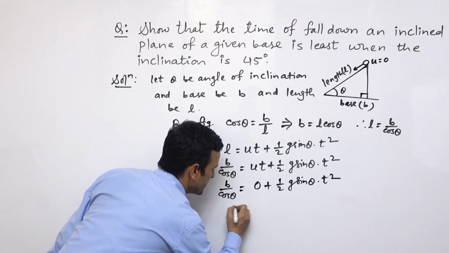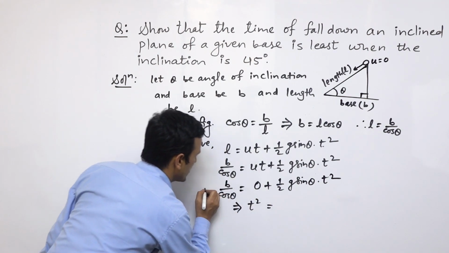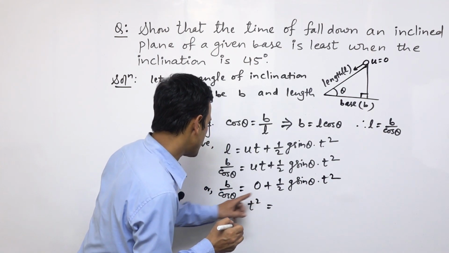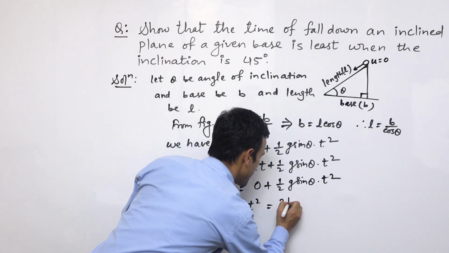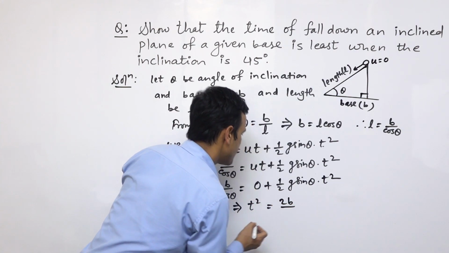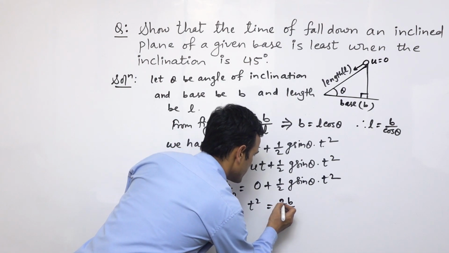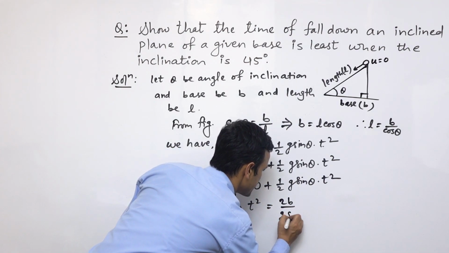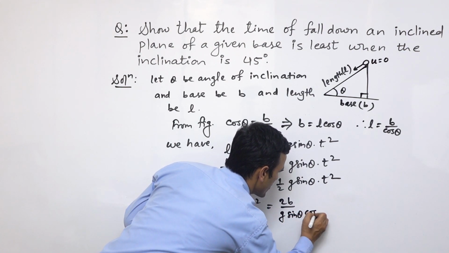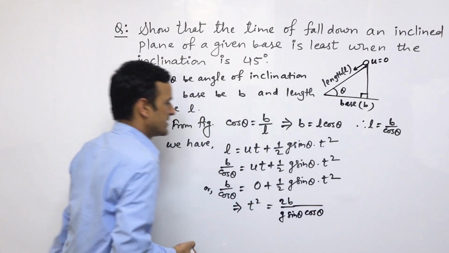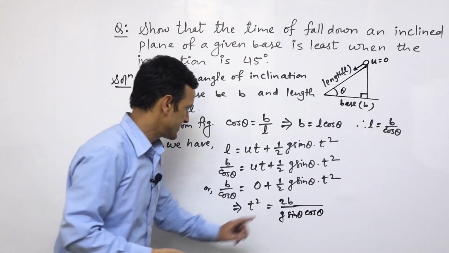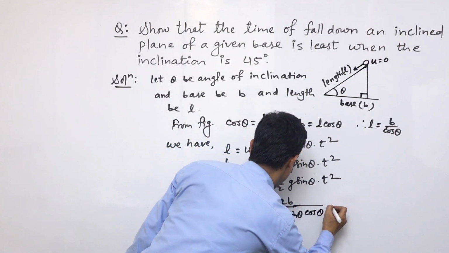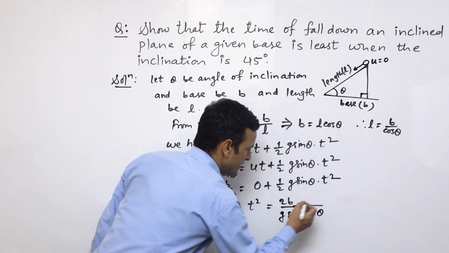So from here t square is equal to 2 times B, so write down 2B divided by g sin theta into cos theta. So this is the value obtained from here.